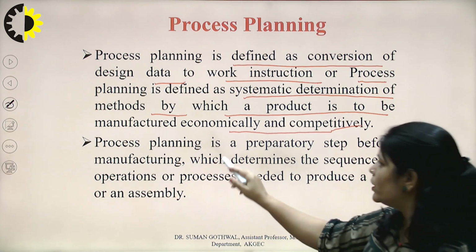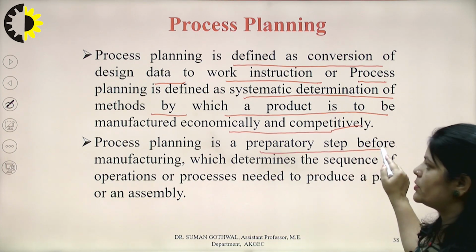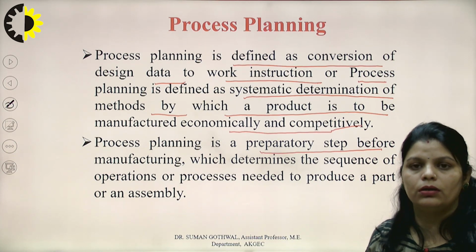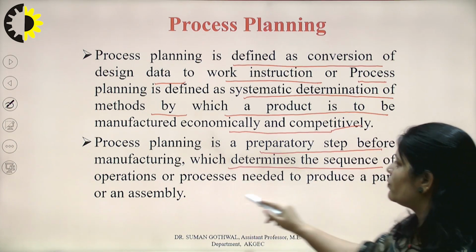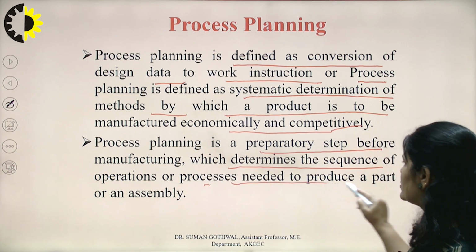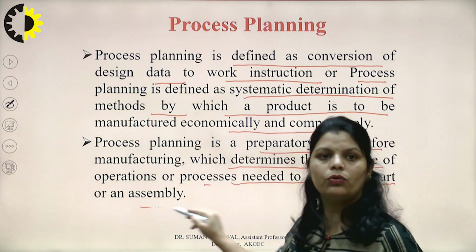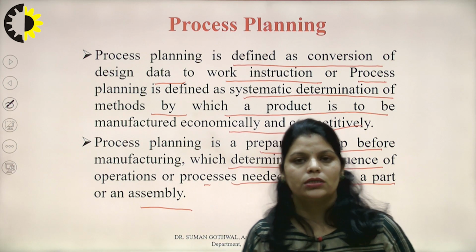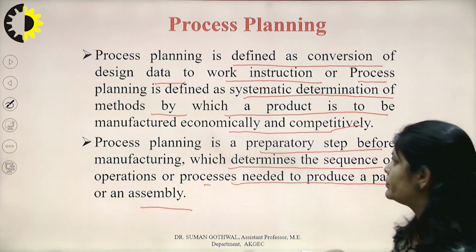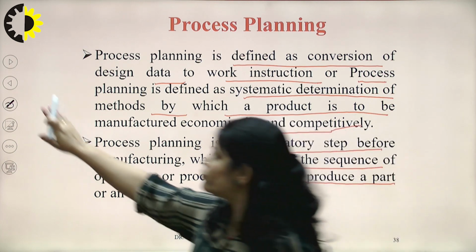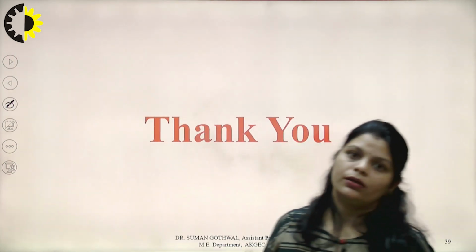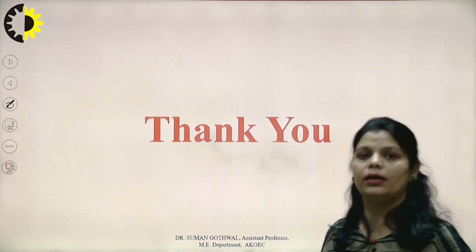Okay, so it is a preparatory step before actual manufacturing starts, and it will determine the sequence of operations or the processes needed to produce a part or an assembly. So this is the process planning. There are different types of process planning which we'll discuss in the next lecture.